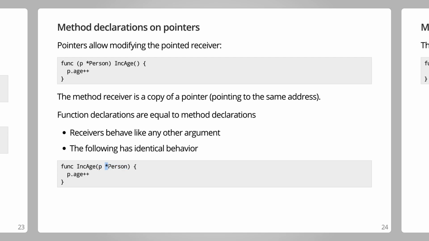And as you can see here, we are passing in a pointer to the person, allowing us to update the age. Again, if we didn't pass in a pointer to a person, we would just send in a copy of the person object, and we would update the age on the copy. But since we're not returning that copy or updating the original one, that update of the age is not going to have any visible effects outside of the function.